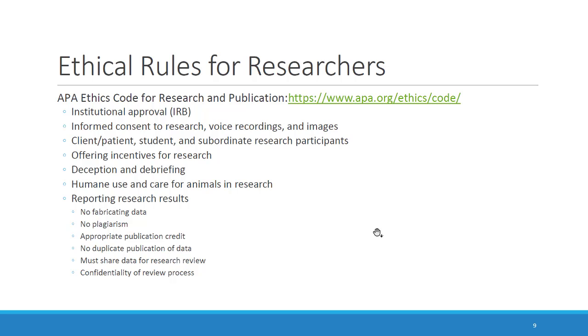So the first is that institutional approval is required for research. All researchers, including myself, have to go through an approval process every time we want to conduct a research study. We fill out paperwork and we provide all of the forms and everything related to our research study to the IRB, the Institutional Review Board. And I'll talk a little bit more about that in just a minute.